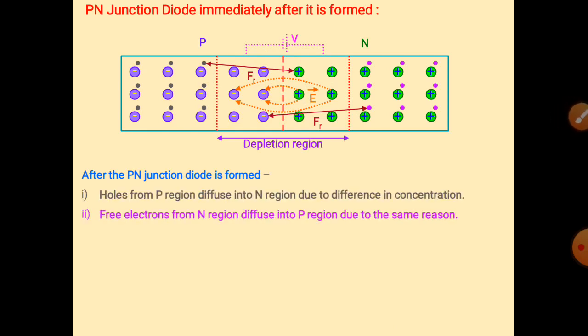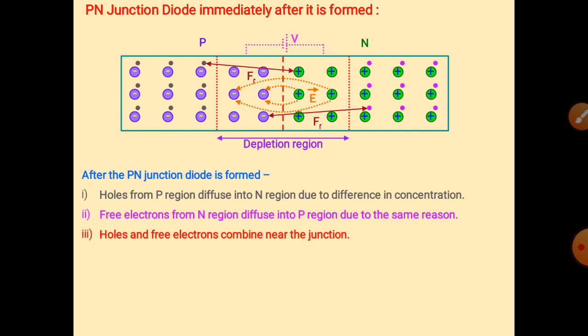Here the concentration of holes and electrons is changing. Free electrons from the N region diffuse into the P region. Why are electrons moving from N to P?